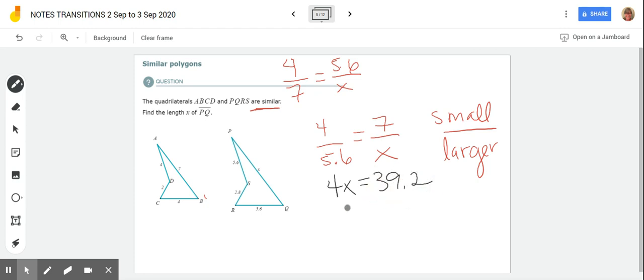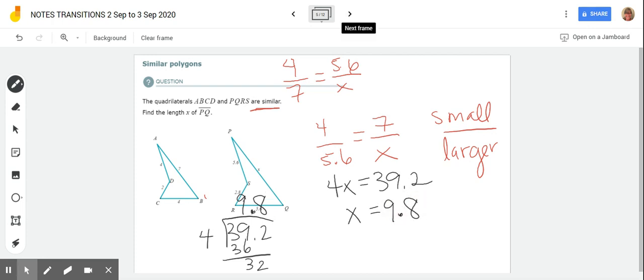And then we are going to divide by 4. I'm just going to do this here because it's freaking me out when I go over to Desmos and it gives me some weird message. 4 goes into 39 9 times, which is 36. There's a 3, 2, 9.8. Okay. All right. And that's your answer.